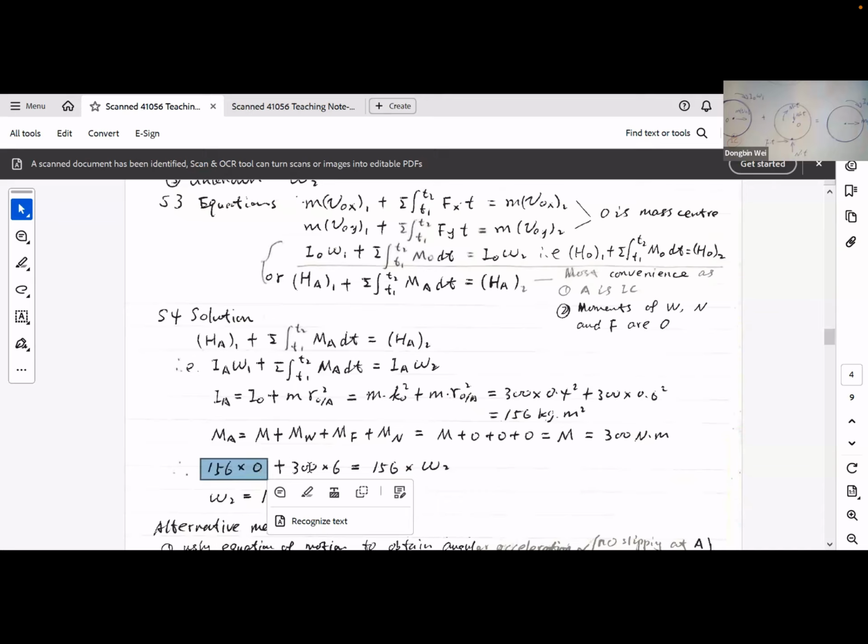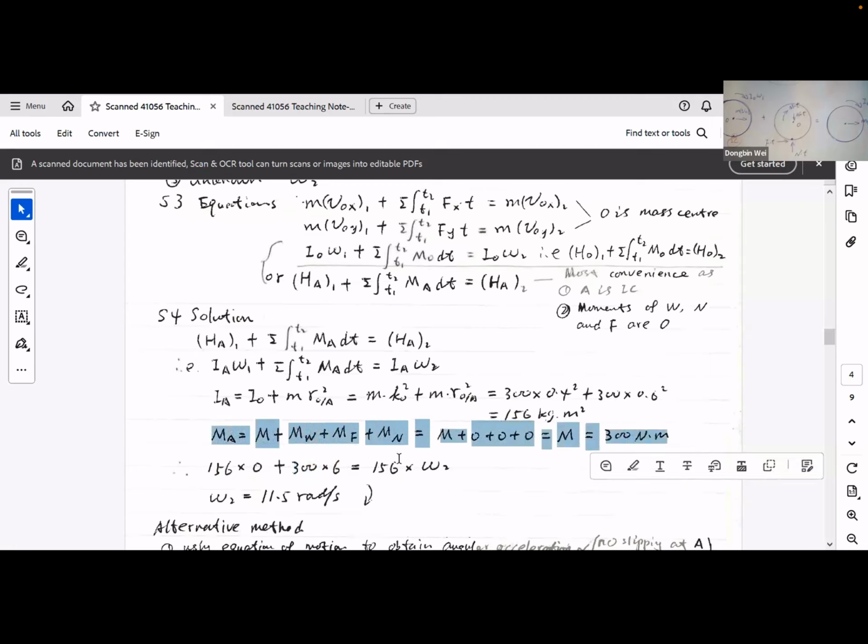And in the middle is the angular impulse. To work out the angular impulse, we must know the moment about point A. How to calculate?